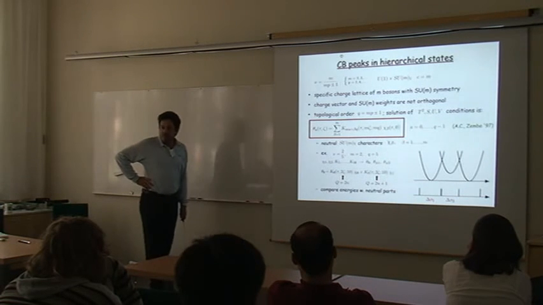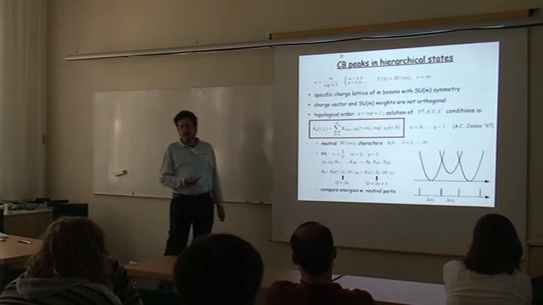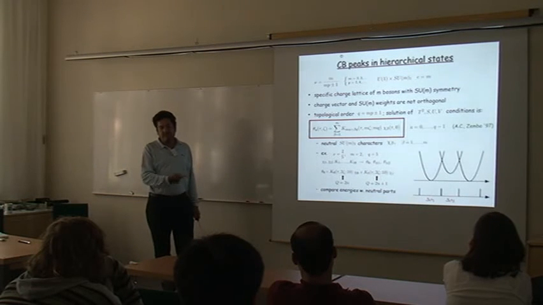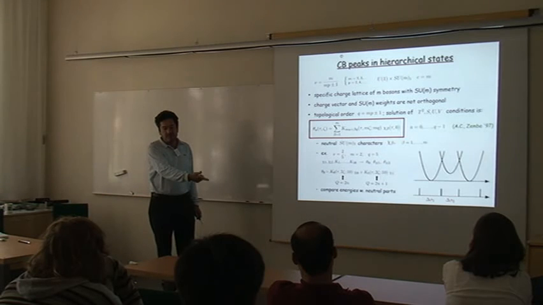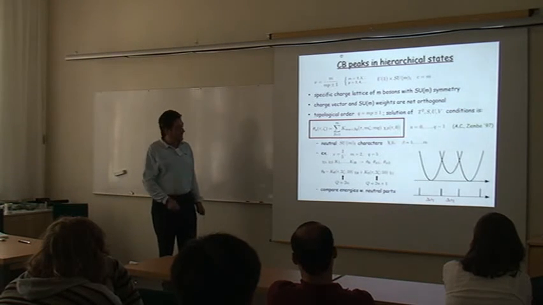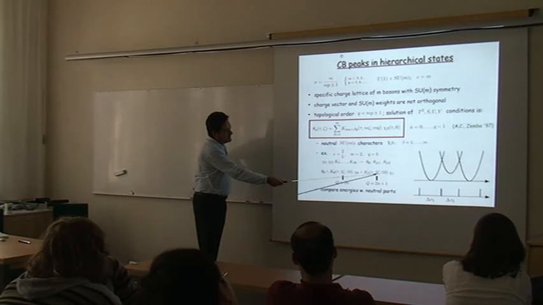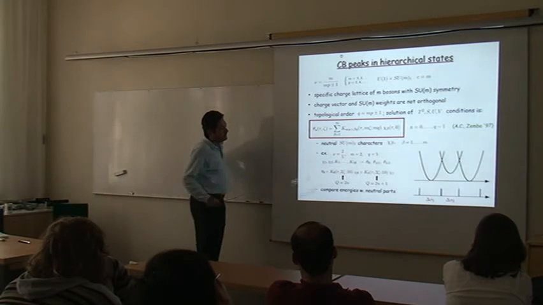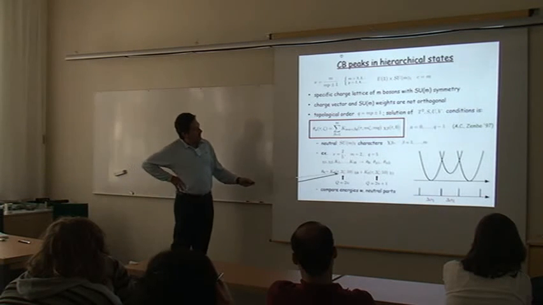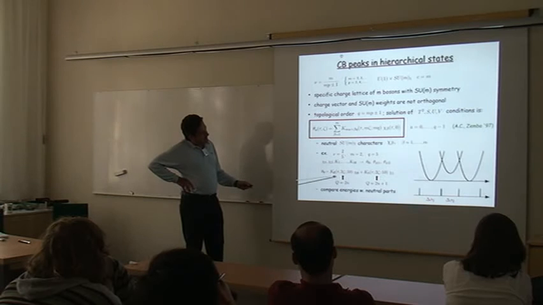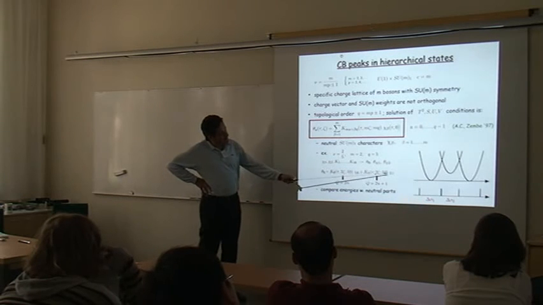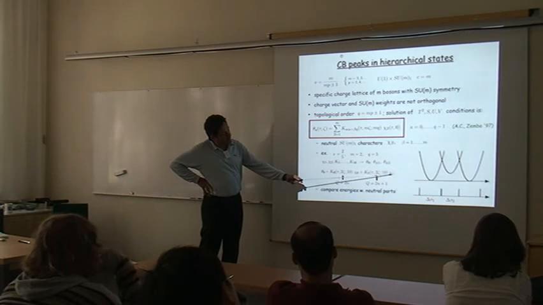So when you want to see where it goes, the one electron that you add to the droplet, then you have this conductance peak, you have to compare the ground state, which is here, with the first excited state, which is here. At this point, the energy has a quadratic parabola from this charged mode, but also a constant contribution from the neutral part here.